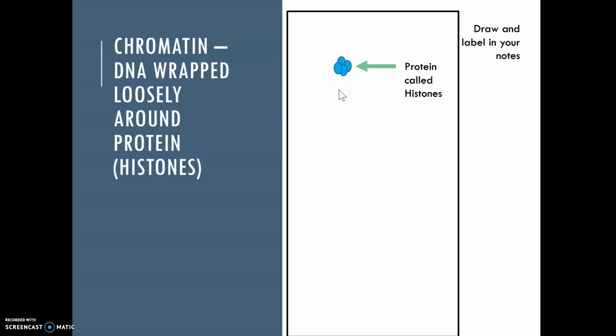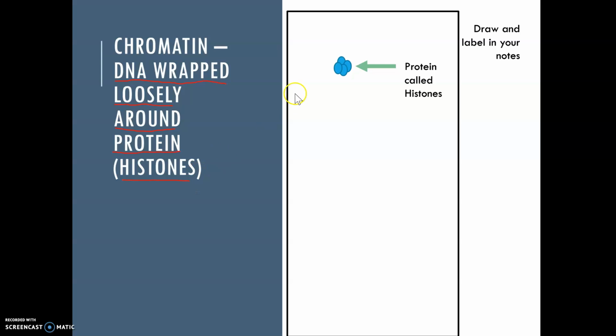It doesn't work well on my slides to put it vertical, so you'll put it right underneath. So chromatin, again, is DNA wrapped loosely around protein. And the word they use for this particular kind of protein is called a histone.